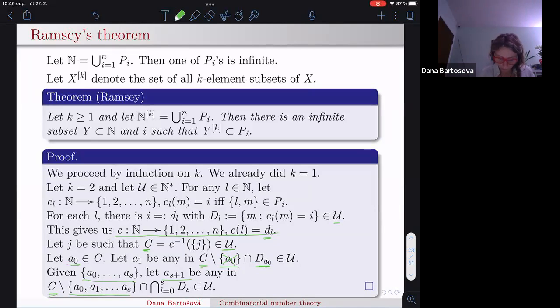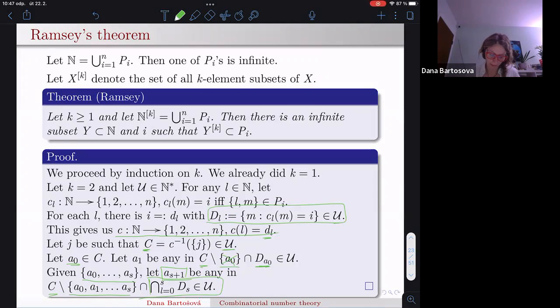And then for each of the elements that I have already chosen, I want to make sure that the next one I choose is going to come from the sets where I have the correct color. So I'm going to take the intersection of all of these DS's that I'm already considering. And this is still going to be in the ultrafilter.